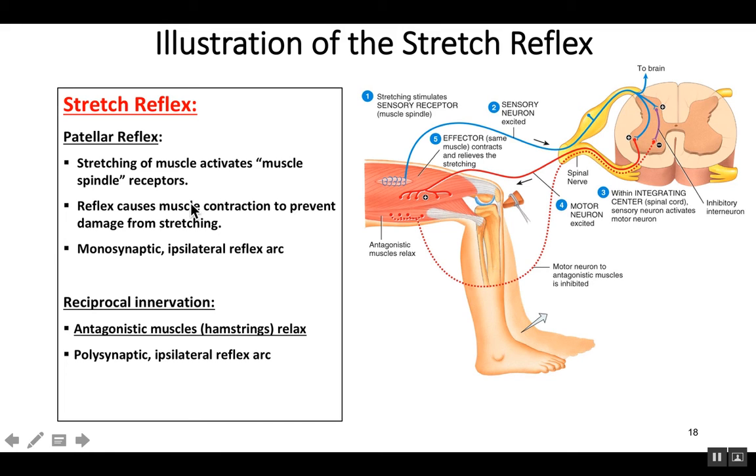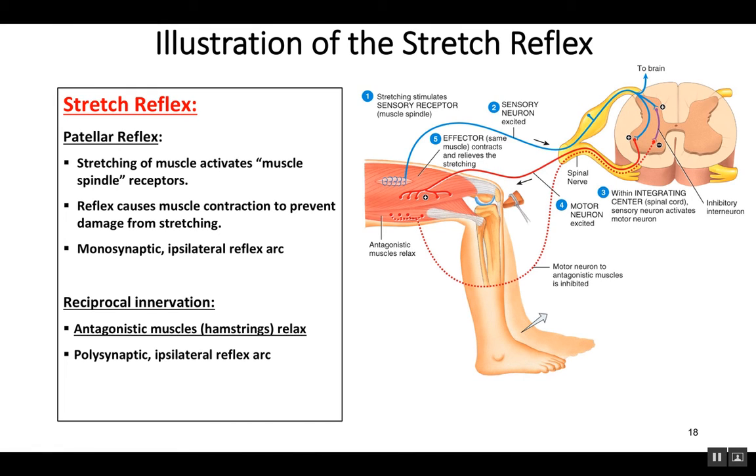The first one, the patellar reflex, is a monosynaptic ipsilateral reflex. What does that mean? There's only one synapse, only one connection between sensory and motor. And the response is on the same side of the body. It's an ipsilateral response.